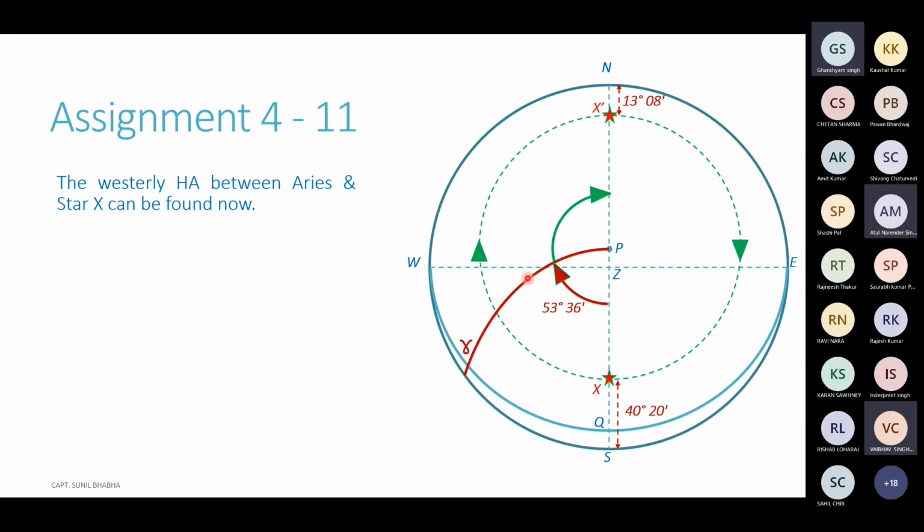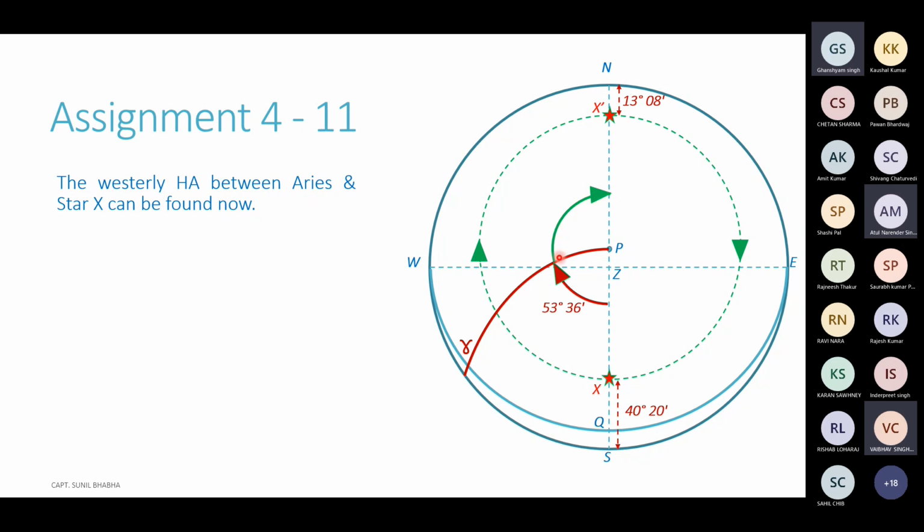So Aries is at this particular location, the celestial meridian of Aries represented by P Aries, and the star is on this particular celestial meridian, the celestial meridian of the star represented by PX dash N. Now we can easily measure this particular angle, the green color angle in the diagram.